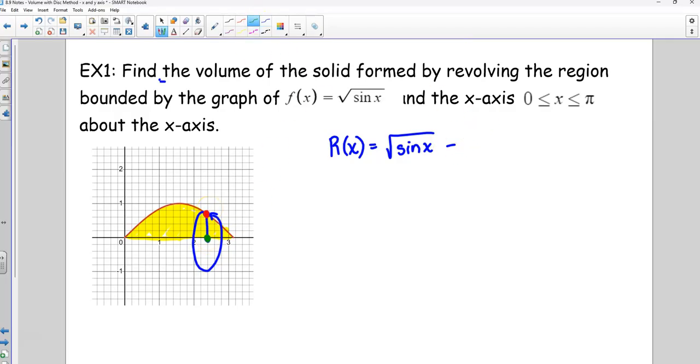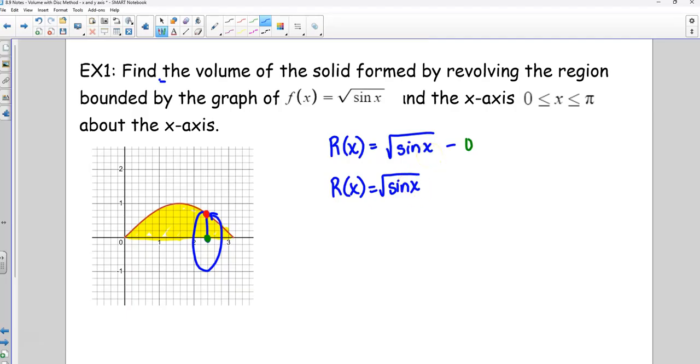Now today, that's pretty much always going to be 0. We're going to see some coming up where it's not 0. But for today, it's pretty much 0. So our capital R of x in this case is just the square root of sine x.